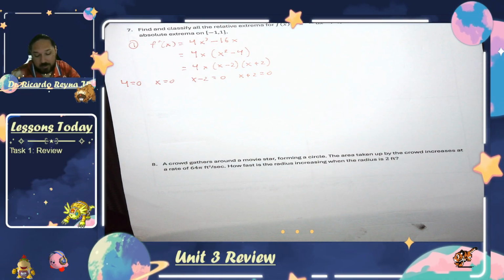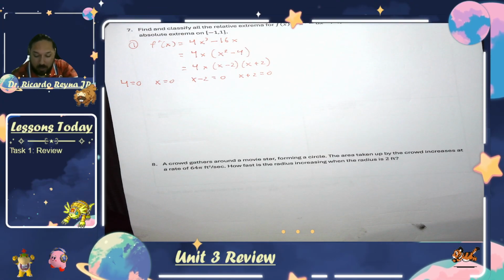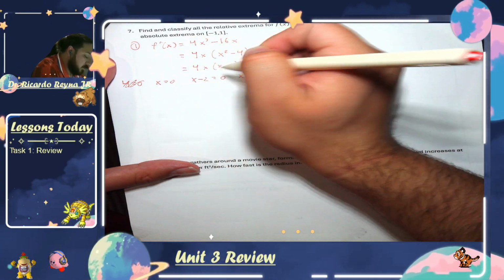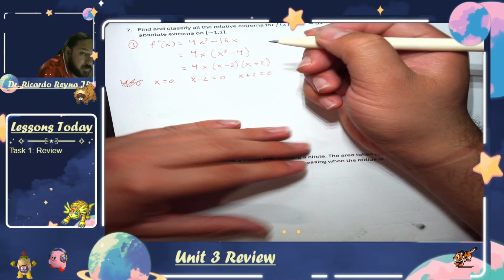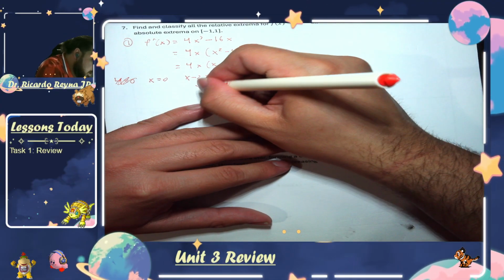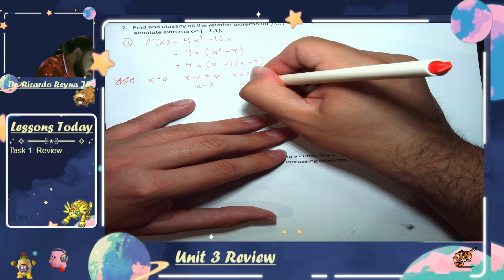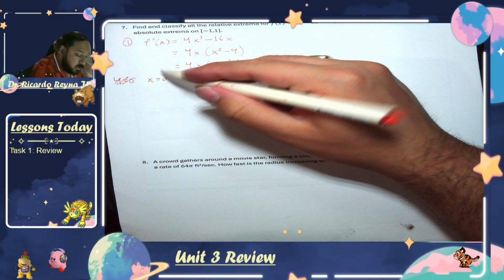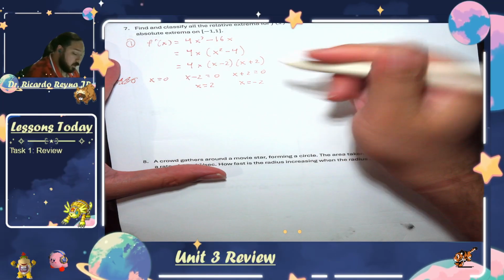In all these cases, the 4 equals 0 doesn't provide information. And when x minus 2 equals 0, then x is 2, and when x plus 2 equals 0, then x is negative 2. So these 3, negative 2, 0, and 2, are our critical points. Okay?